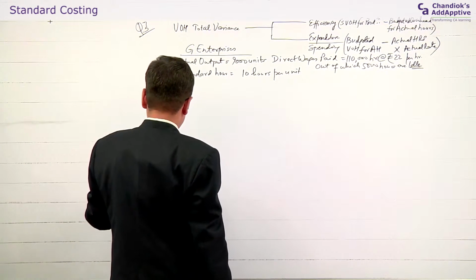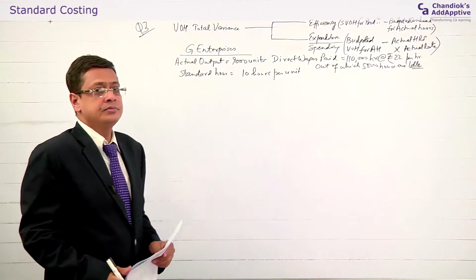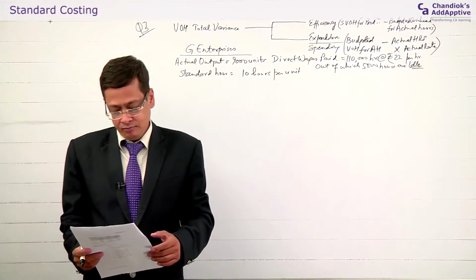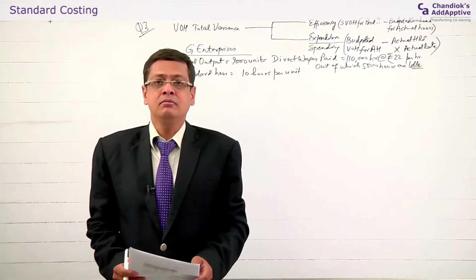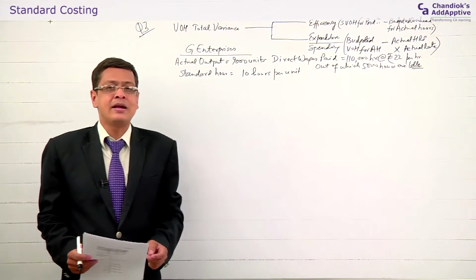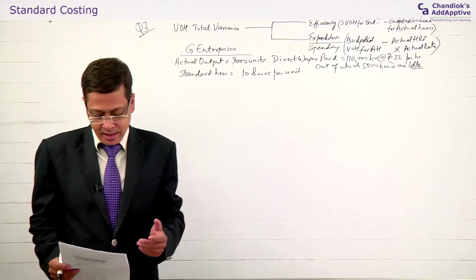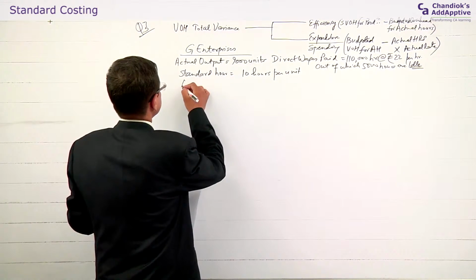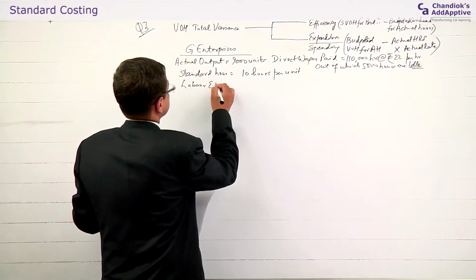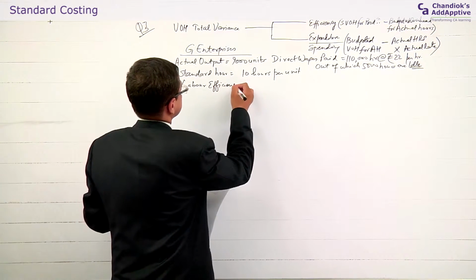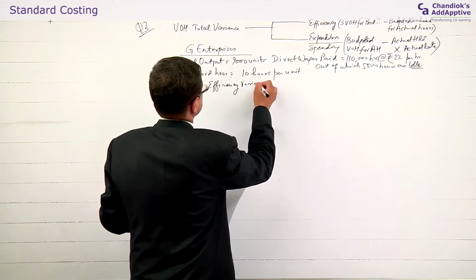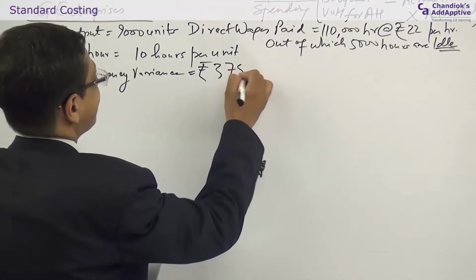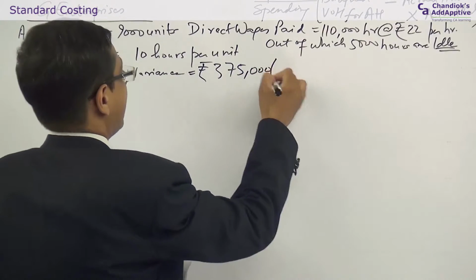You have been provided other details also. So, other details are labor efficiency variance is given. You are also provided with standard variable overhead and actual variable overhead. So, let me note down. It is provided rupees 3,75,000 adverse.